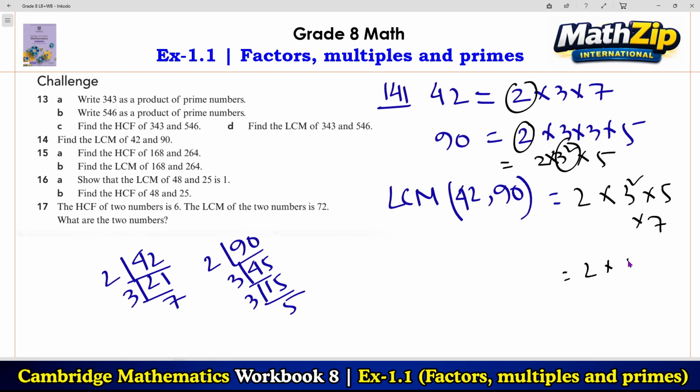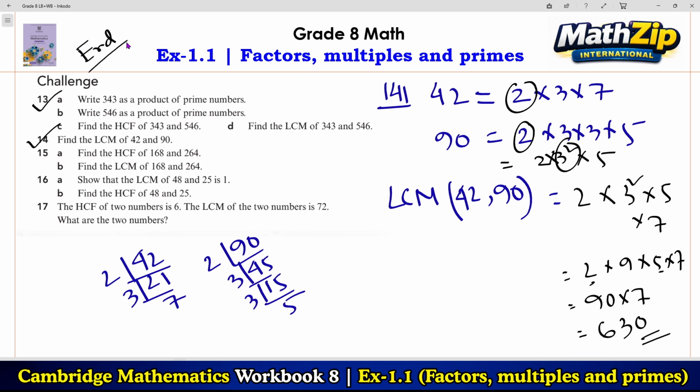So 2 times 9 times 5 times 7. 2 times 5 is 10, 10 times 9 is 90, times 7 it's 630. Okay, very simple. Questions 13 and 14 are finished. Please note that this is the end part of this exercise. Now we will start question 15.